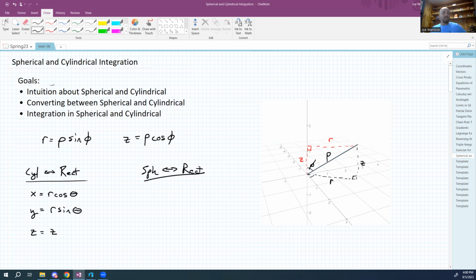I'm just going to plunk these guys in, right? So I'm going to say x is whatever r is, which in this case is rho sine phi, times cosine of theta. And then y is rho sine phi, because that's r again, right? Times sine theta. And z is rho cosine phi.